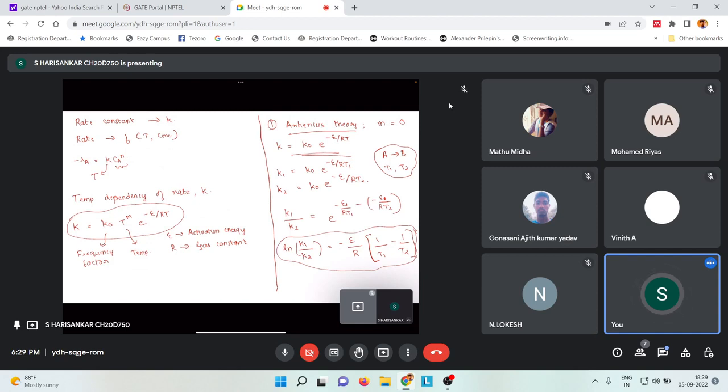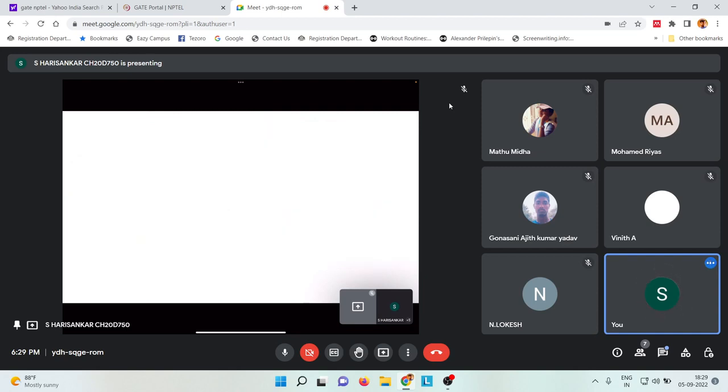Now the other two theories. So one is called collision state theory or collision theory, and the other is transition state theory. For collision theory, the theory says that m is equal to 1 by 2.